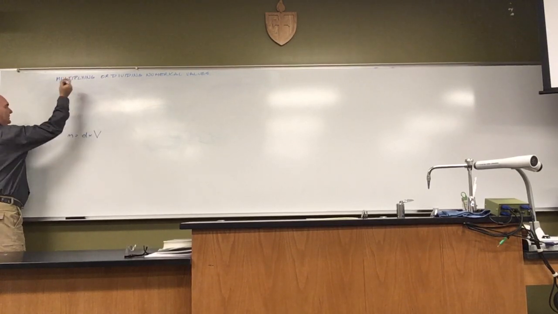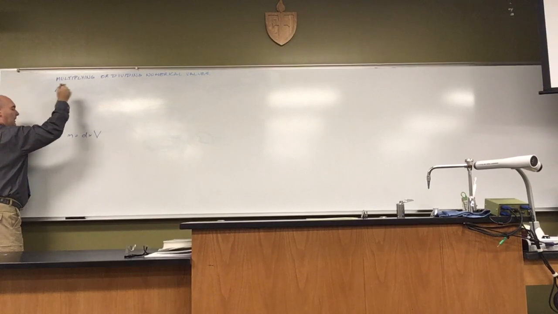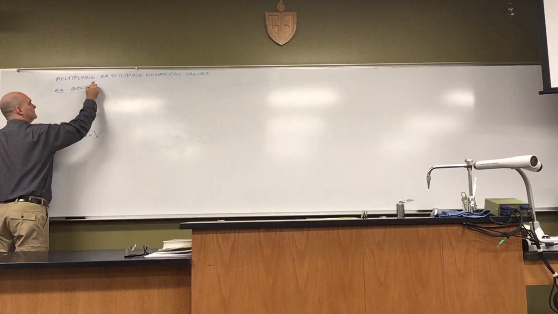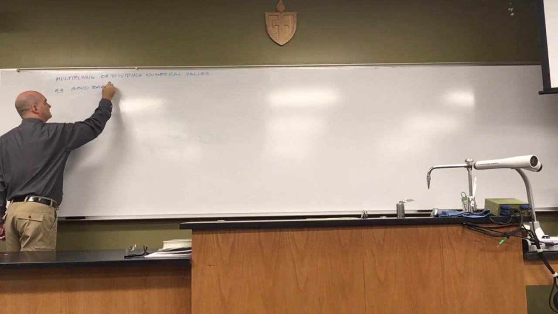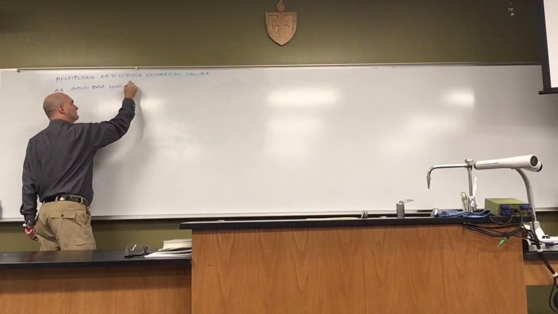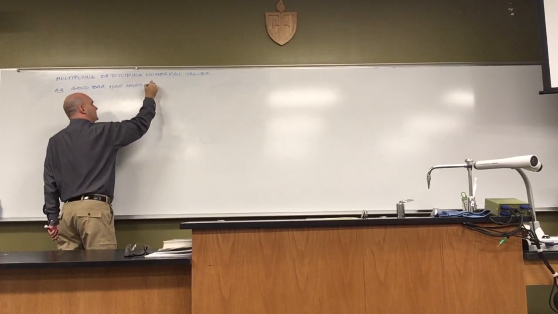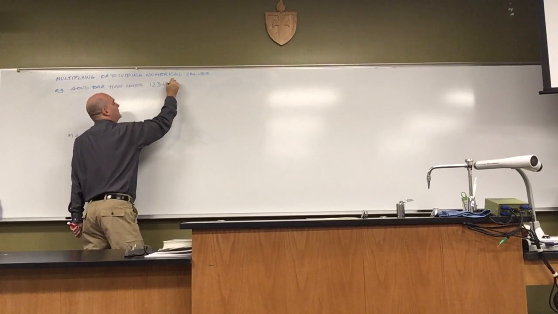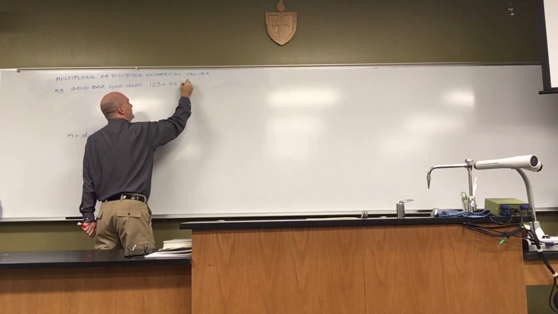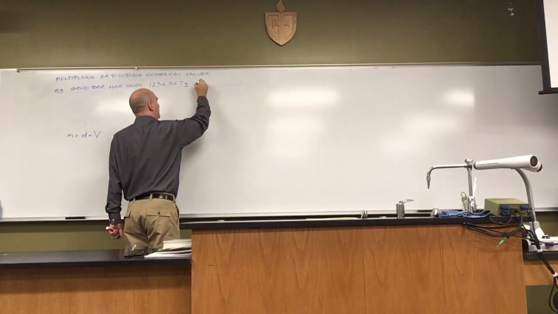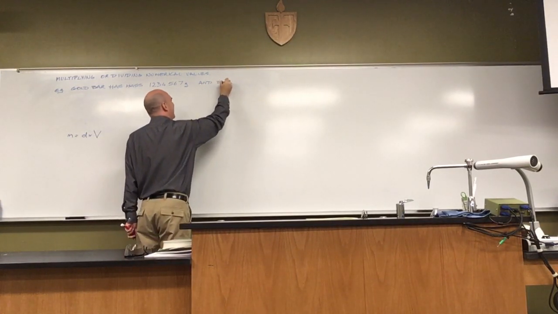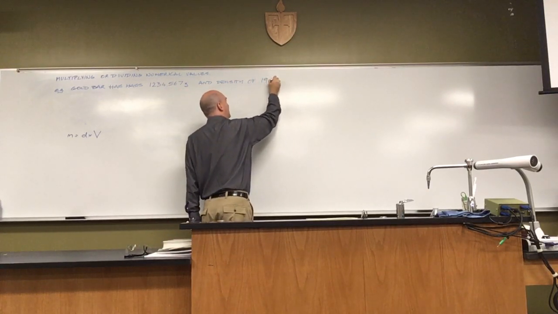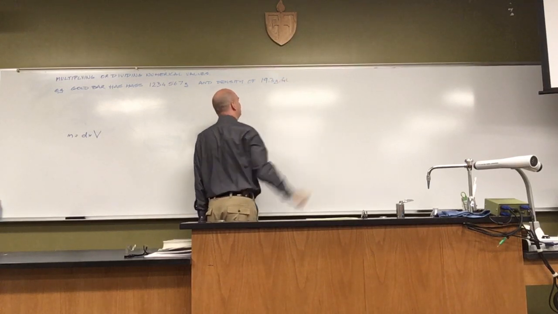So here's a question. Here's an example. A gold bar has a mass of 1, 2, 3, 4... you might need a calculator... 0.567 grams, and a density of 19.3 grams per milliliter.